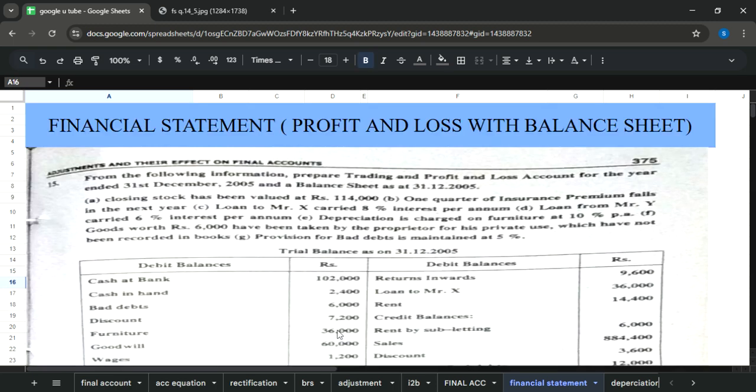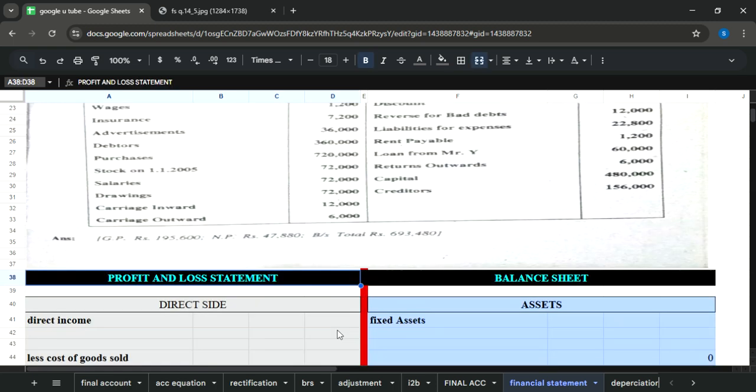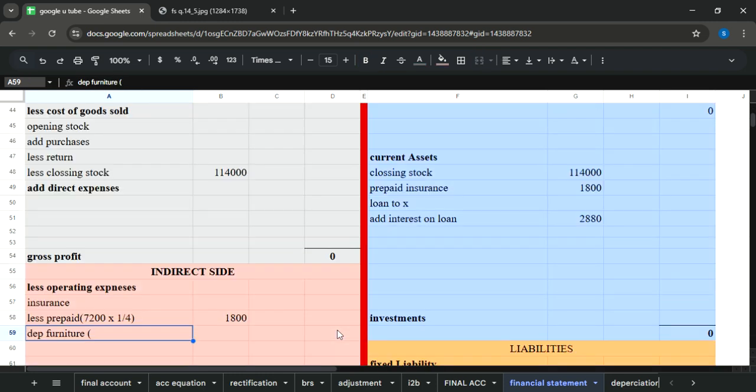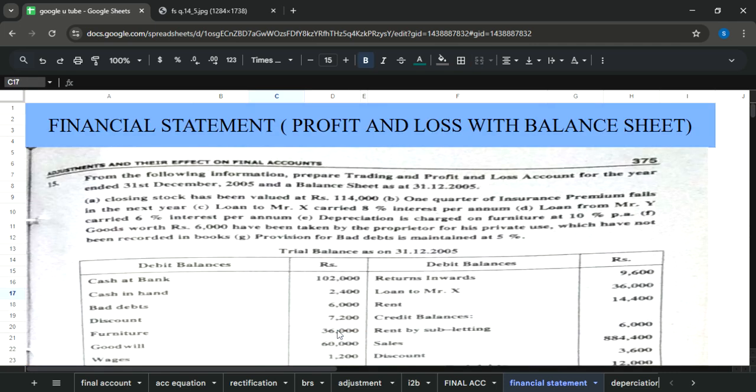Furniture 36,000 is the amount and rate of depreciation is 10%. So how you will calculate depreciation? It would be 36,000 multiplied by 10 divided by 100. In this way depreciation has been calculated.